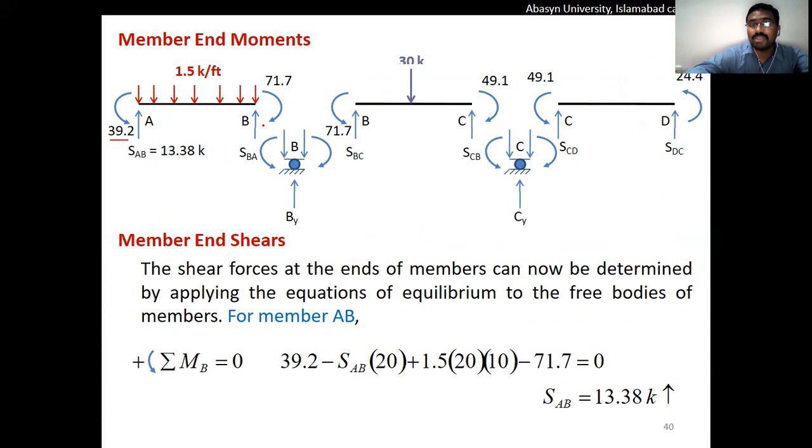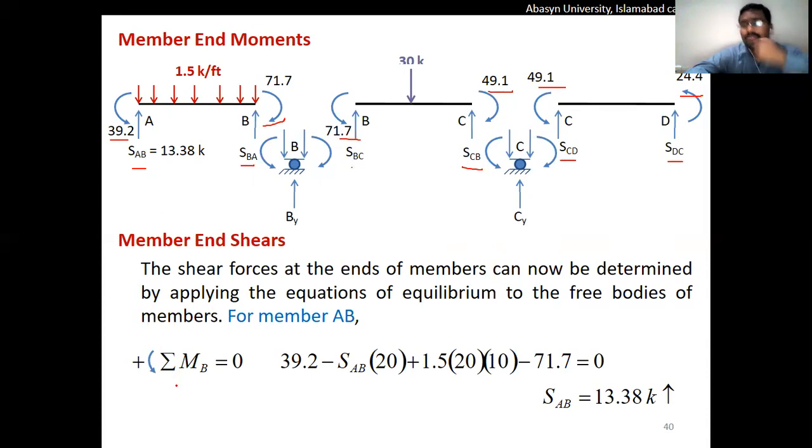At point B, MBA, we have a value of 71.7 kip-ft. Similarly, the values of the moments MBC, MCD, and MDC will be shown on the actual beam. Later on, the shear will be calculated at each point: shear at AB, shear at BA, shear at BC, shear at CB, shear at CD, and shear at DC. AB indicates the shear at point A in the member AB.